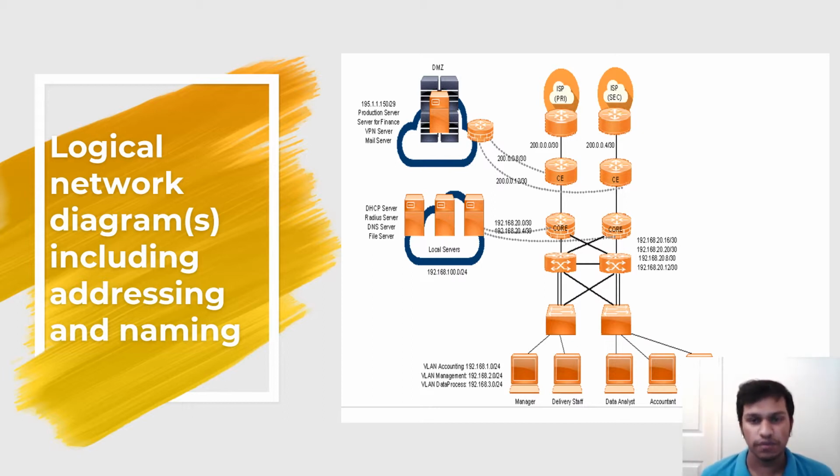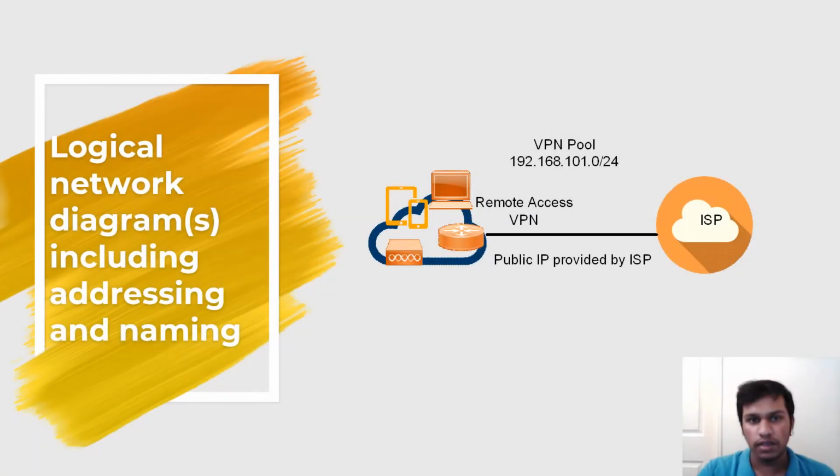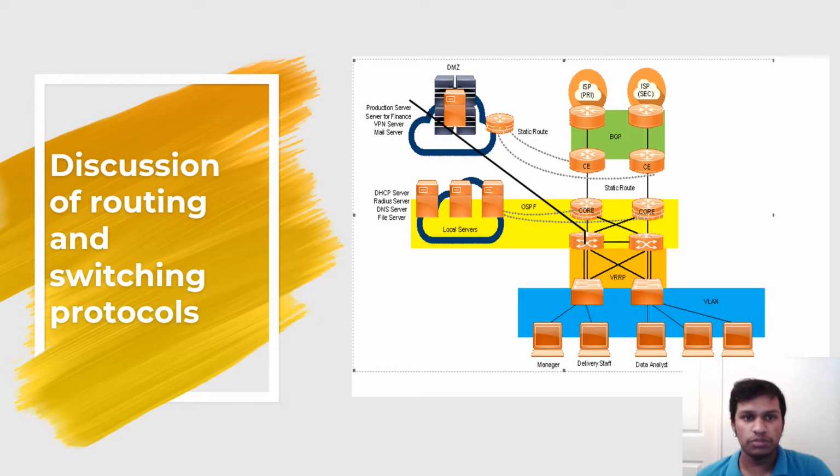We designed it to be like that. As I said earlier, the VPN pool is 192.168.101.0/24, which has up to 254 hosts, and this access point will give you the wireless connection.